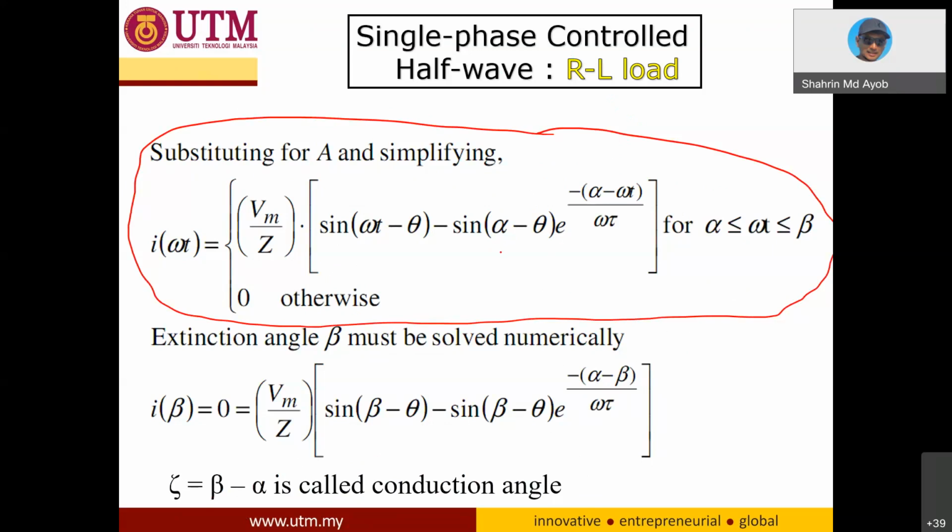The difference is at this part, because for the diode you have only sine theta, but for the SCR you will have alpha minus theta, and also at this part, for the diode you have only negative omega t, but right now you will have negative alpha minus omega t. That is the only difference. This current waveform appears only from alpha to beta.